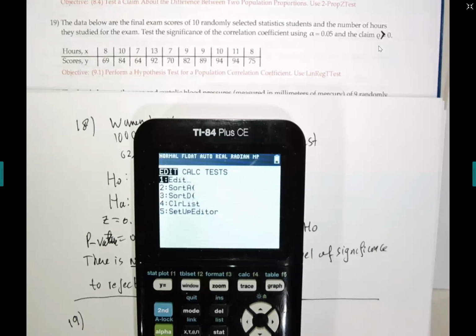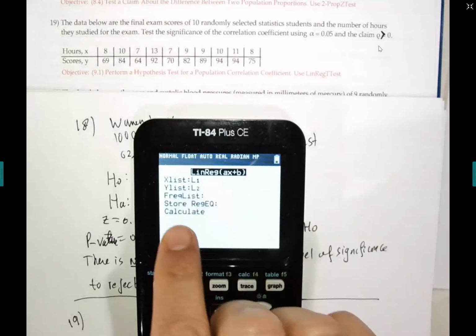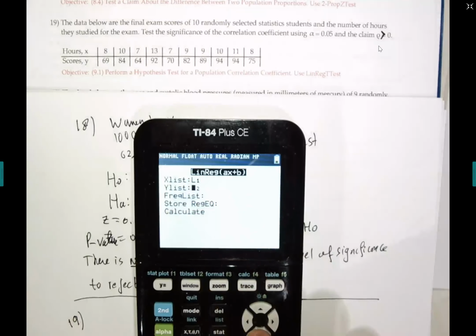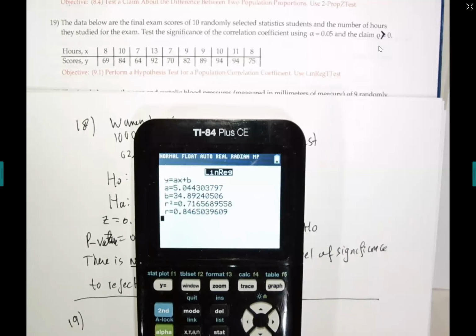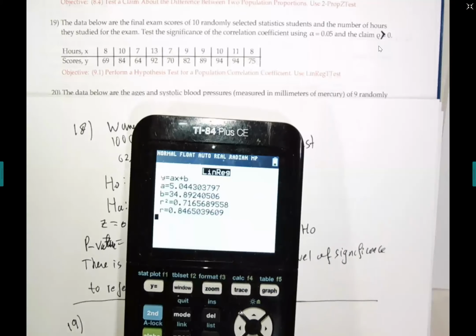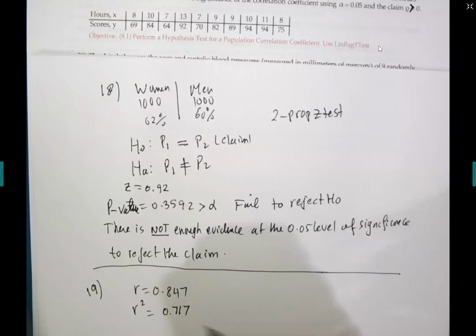Here's how you find R. You go to Stat, Calc, number 4. Make sure you have the correct lists, L1, L2. Frequency list should be empty. And hit calculate, guys. So I got R equals 0.847. And let me write R squared, 0.717, because I'm going to interpret this for you guys.